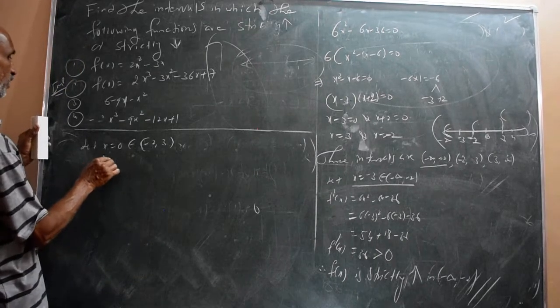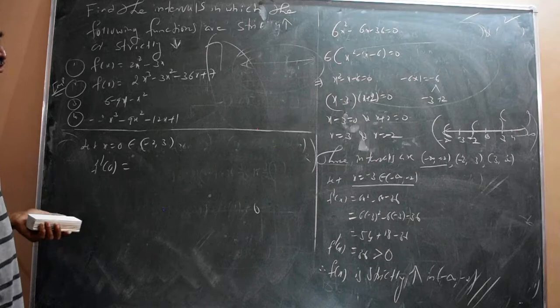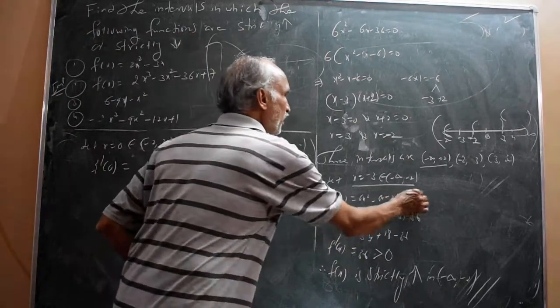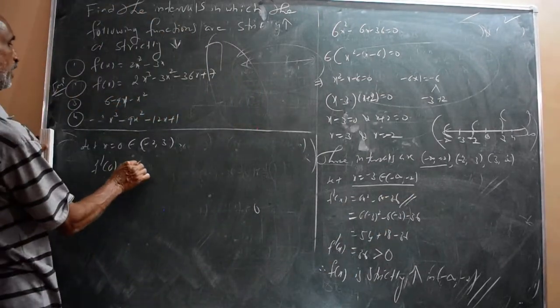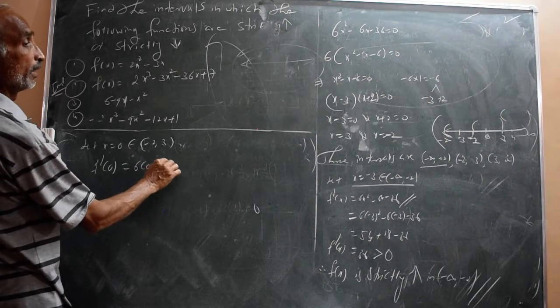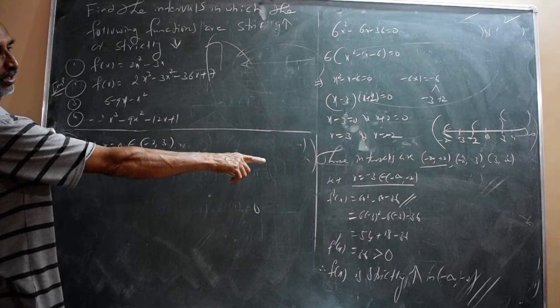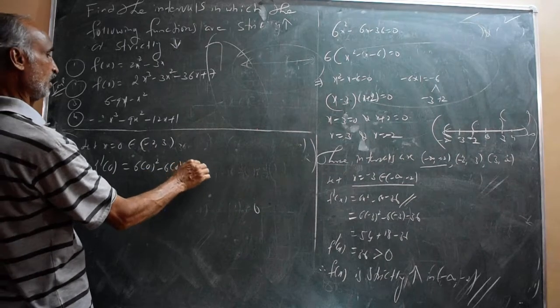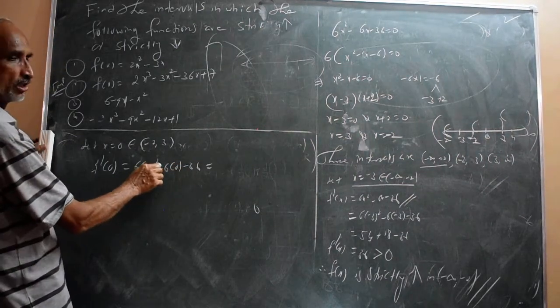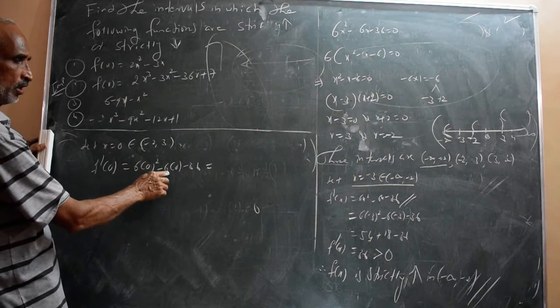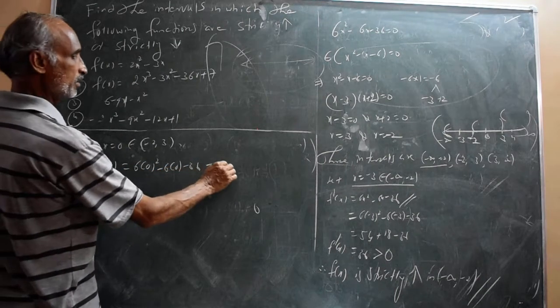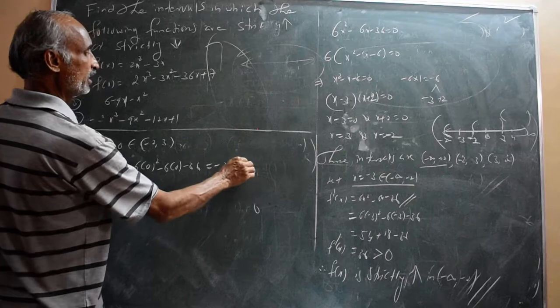f dash of 0. What is f dash of x? It is already written: 6x square minus 6x minus 36. So it is 6 into 0 square minus 6 into 0, minus 36. 0 square is 0, 0 into 6 is 0, 0 minus 0, minus 36, which is negative.